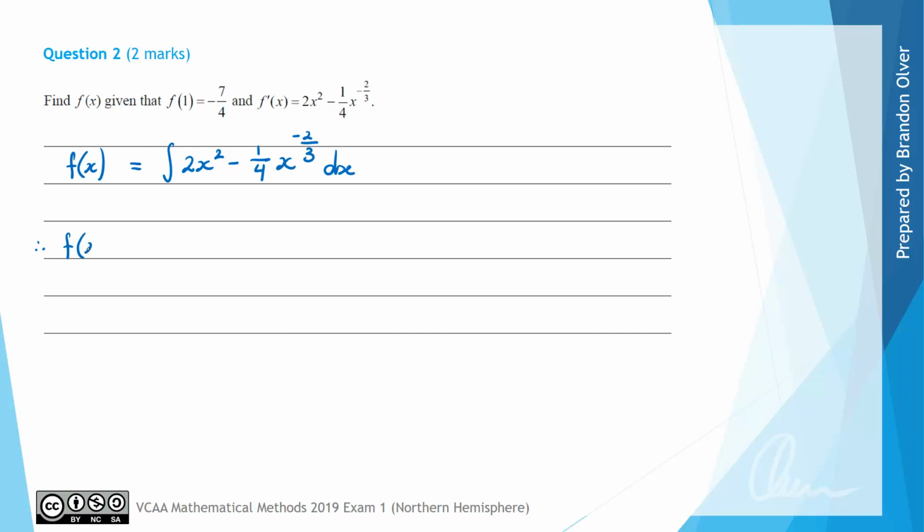Therefore, f of x, the function that we're after, is going to equal, and in this case we've got terms that just have rational powers, so we simply add 1 to the power.